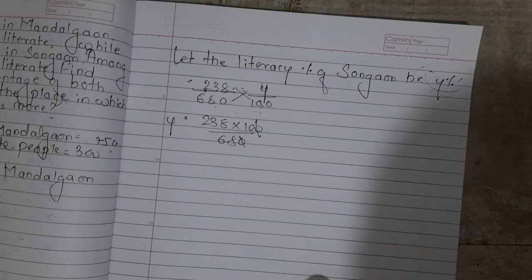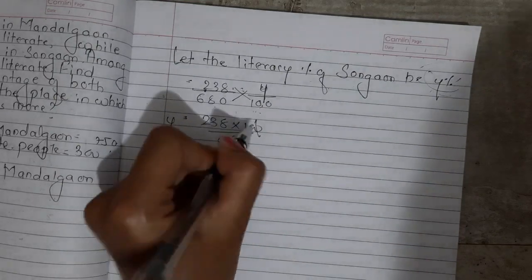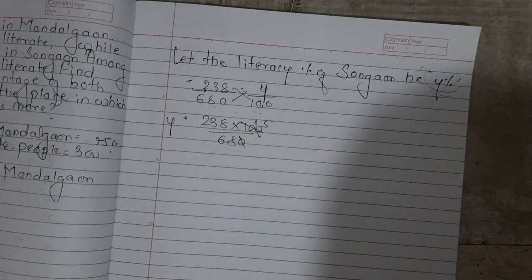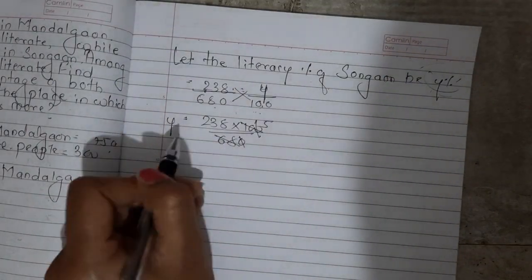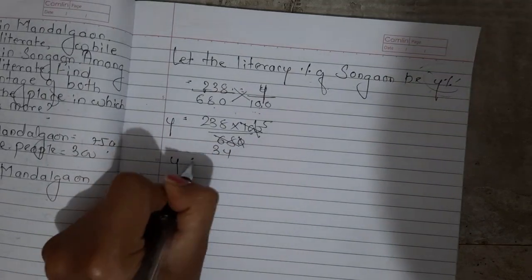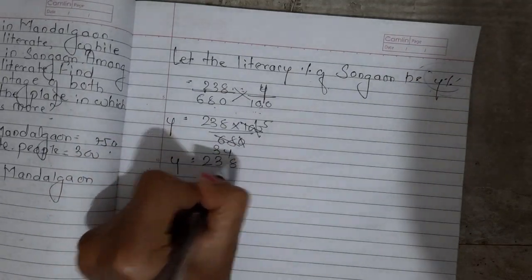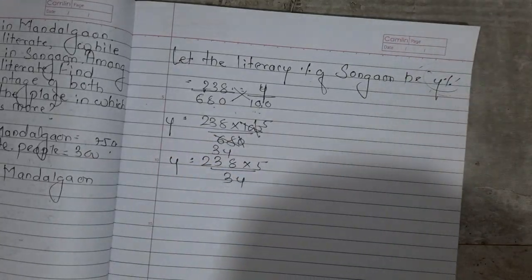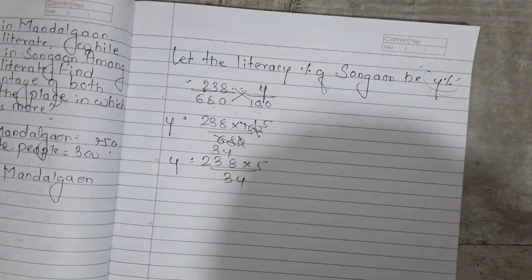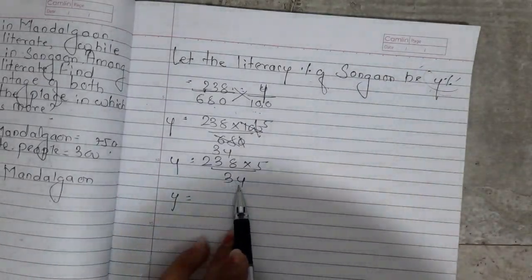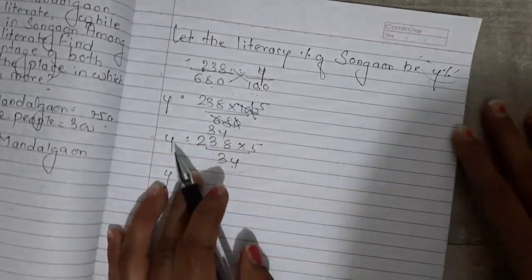Then 2 fives are 10. Y is equal to 238 into 5 upon 34. Okay. Now we have to divide this by this.